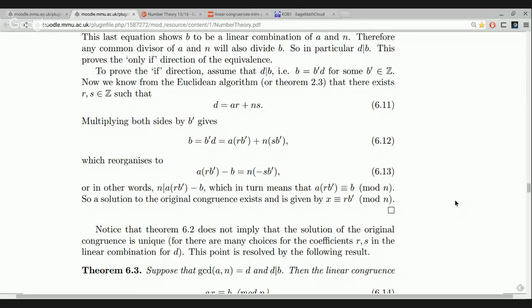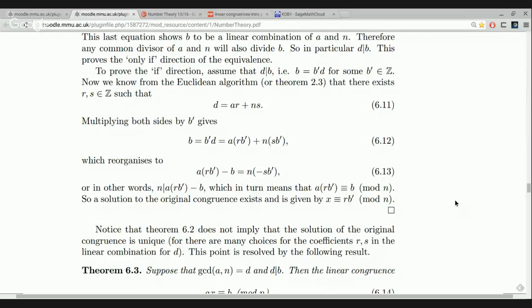Okay? Whenever you have a linear combination of two numbers equal to this number over here, there's an infinite number of choices of pairs of coefficients R and S to give you that linear combination. So the R is by no means unique. So this solution X, all we've done is we've just shown that it exists here because the R exists, but there are multiple different choices for R. There's potentially multiple different congruence classes modulo n that we could construct here.